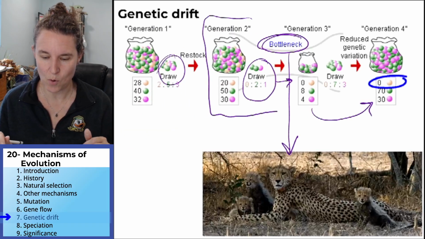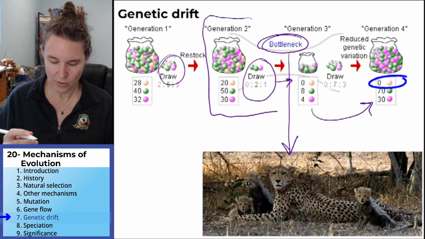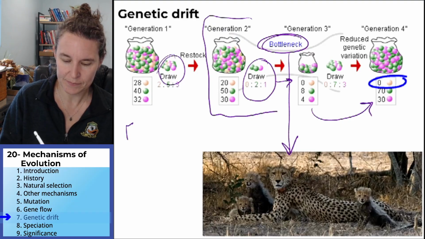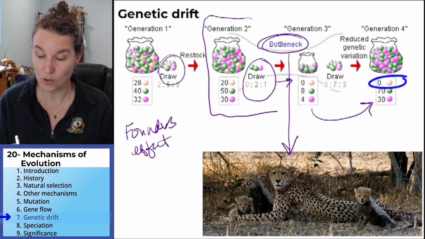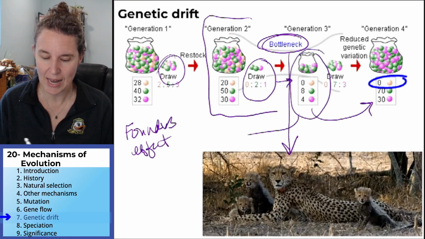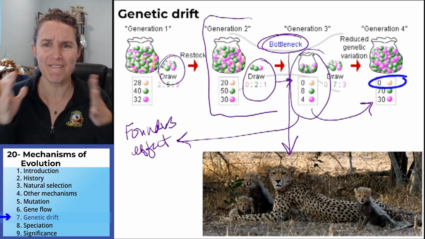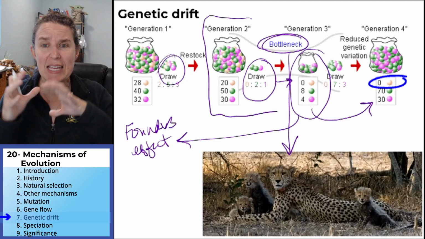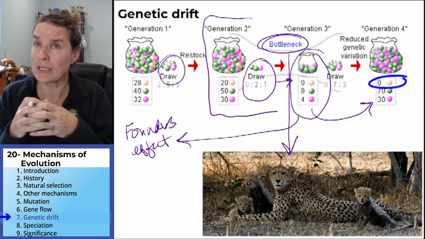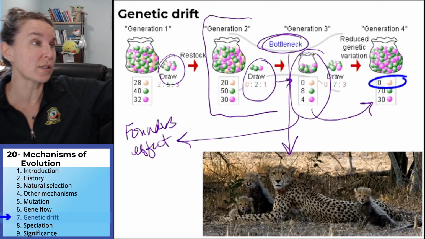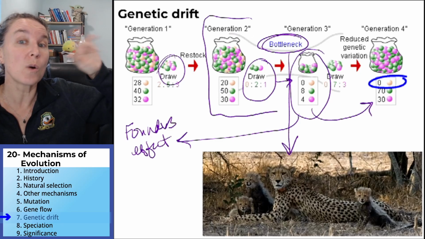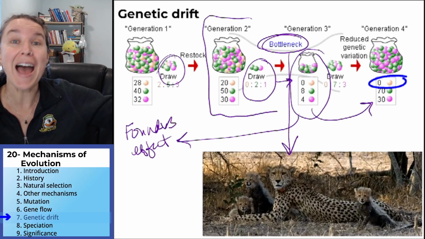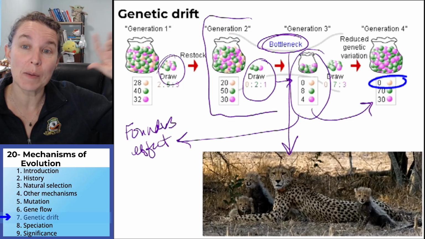Wait a second, there's one more. It's called the founder's effect. The founder's effect is not an actual event that takes place. It's that a little random group leaves and they're like, bye-bye, cheetah friends, we're going to found a new place.